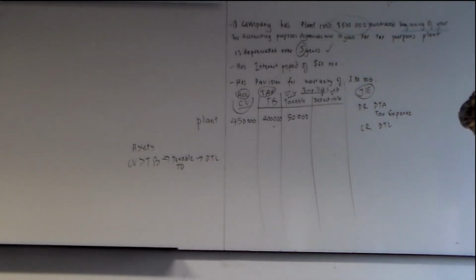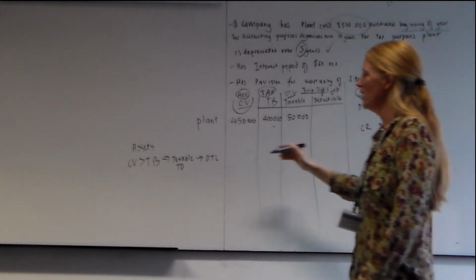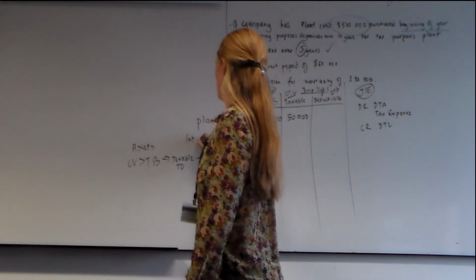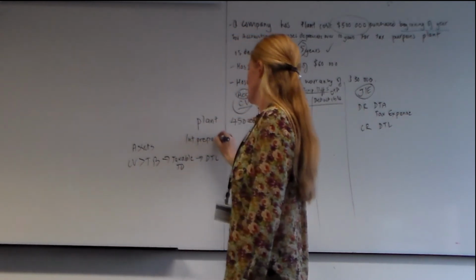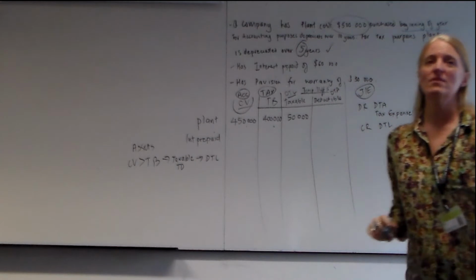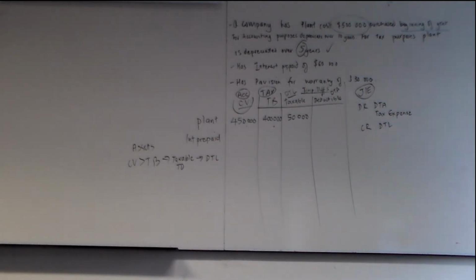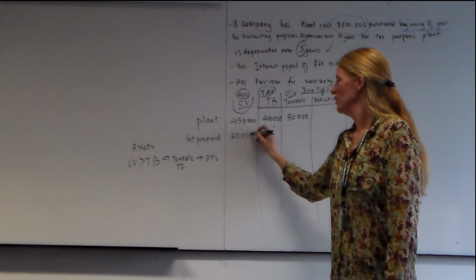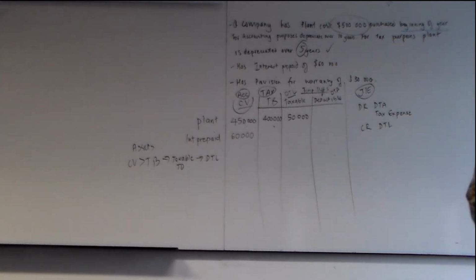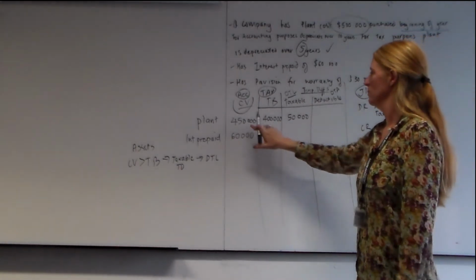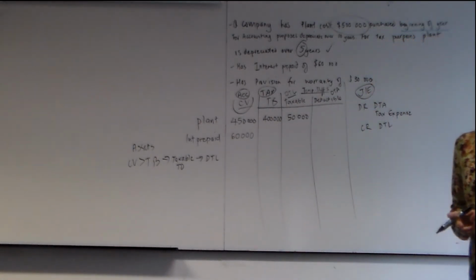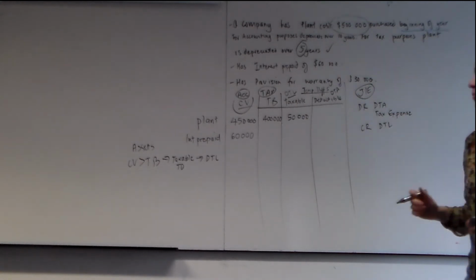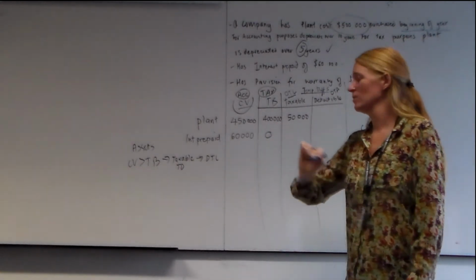The next thing they say is there's interest prepaid of 60,000. So interest prepaid is obviously an item on the balance sheet. Interest prepaid is 60. So the carrying value in the balance sheet is 60, and the tax base will be 0.